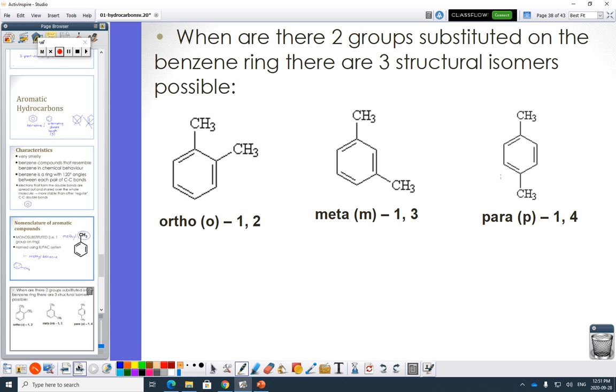So there's only 3. There's 1,2, 1,3, and 1,4. Okay, so you don't have to write both. However, your textbook or a test or whatever might say ortho, or it could use the numbers 1,2. Okay, the groups that are substituted in this picture happen to be the same. They could be different.